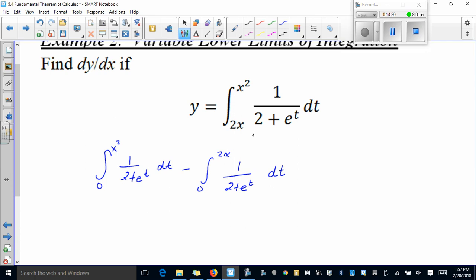This is going to be 2x over 2 plus e to the x squared minus, and on this one, t is equal to 2x, so t prime equals 2. So we get 2 over 2 plus e to the 2x. And there's your answer on that one.